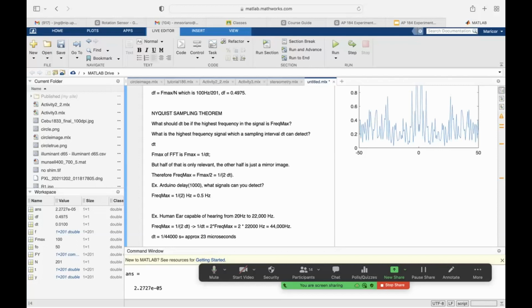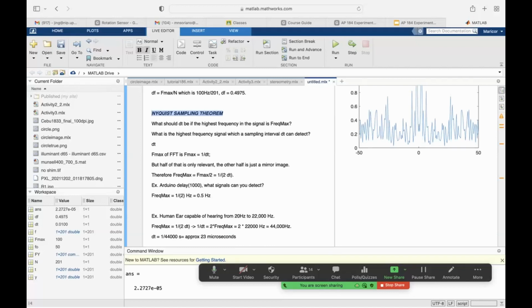Okay? Yan. So what this tells us, this is the important lesson here guys. The Nyquist sampling theorem gives us a limit. Kung ikaw ay nag-set ng DT, it gives you the limit kung hanggang saan lang frequencies ang madidetect mo. On the other hand, kung meron kang frequency na gusto mong makatch, it advises you up to what value of DT you should enter. Malinaw ba guys?